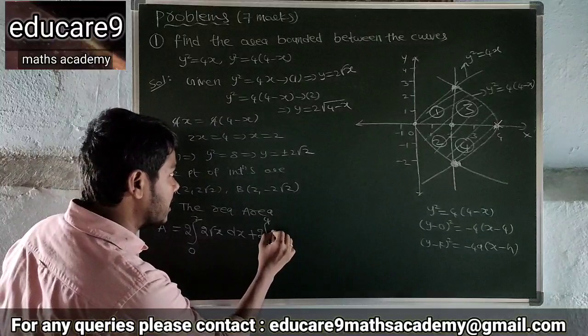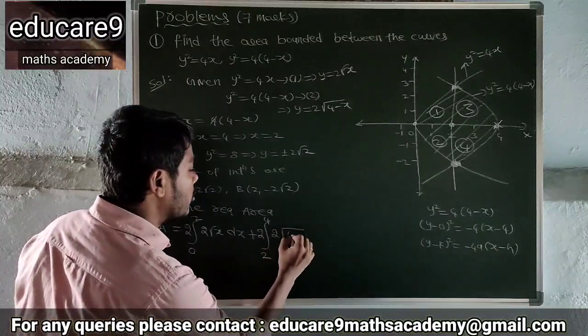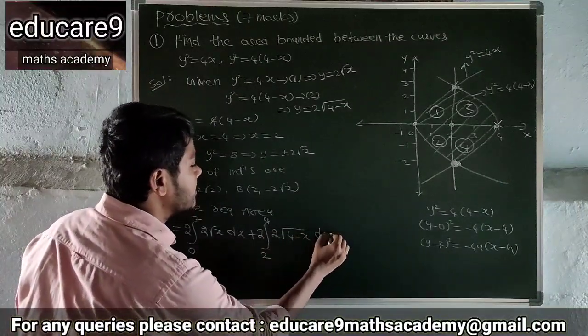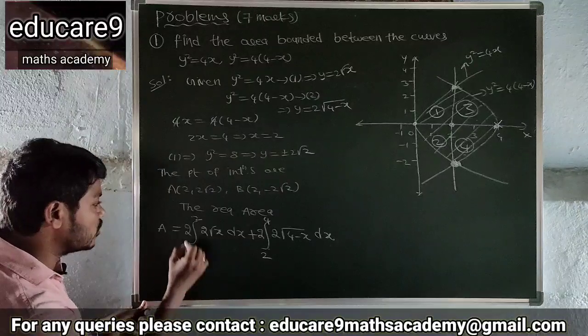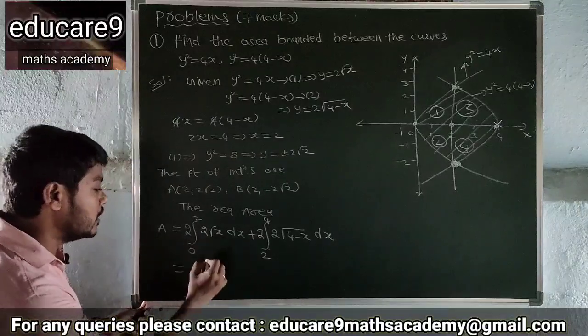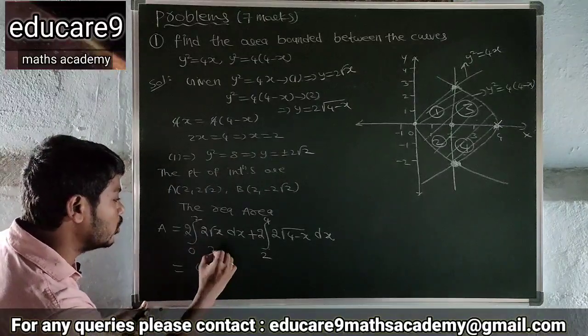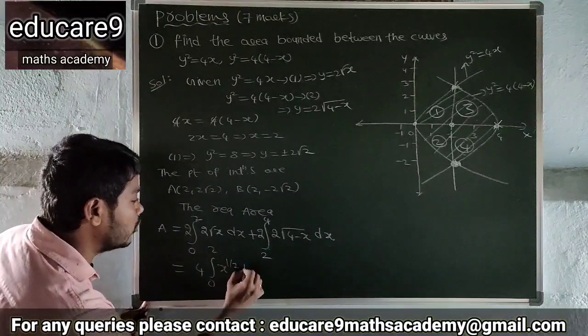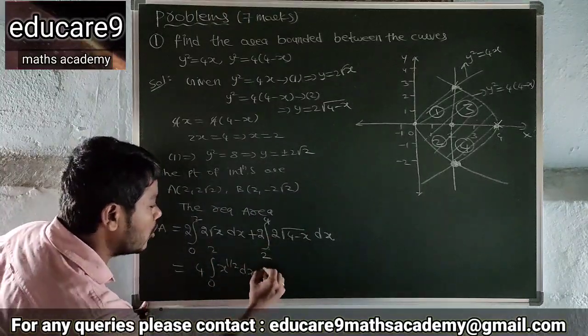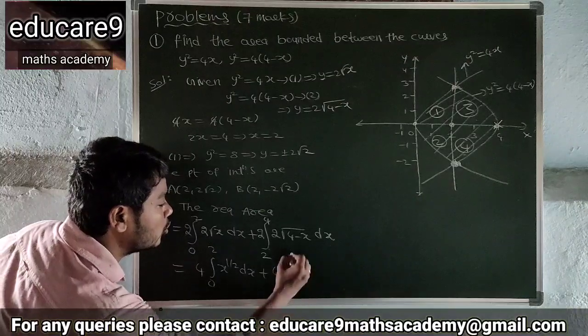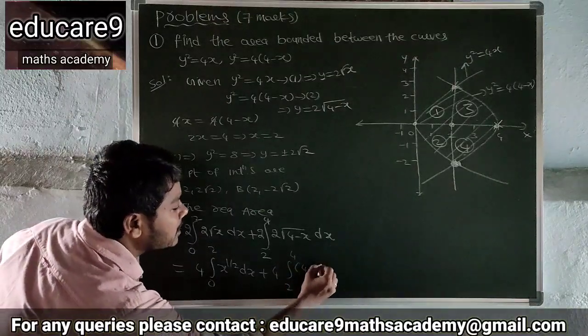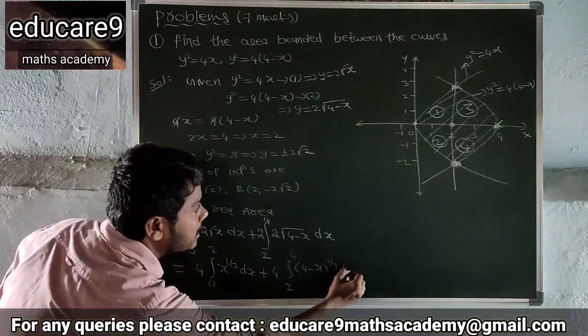Therefore write 2 root 4 minus x dx. This can be written as 2 into 2, 4 times the integral from 0 to 2 of x to the power 1 by 2 dx, plus again 2 into 2, 4 times the integral from 2 to 4 of 4 minus x whole to the power 1 by 2 dx.